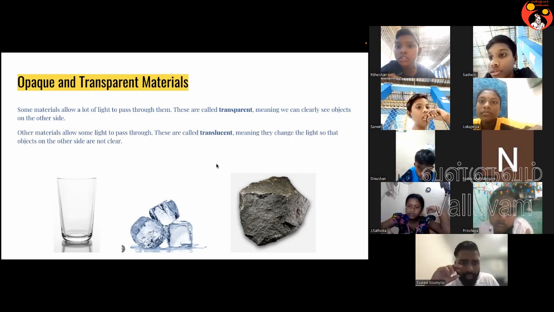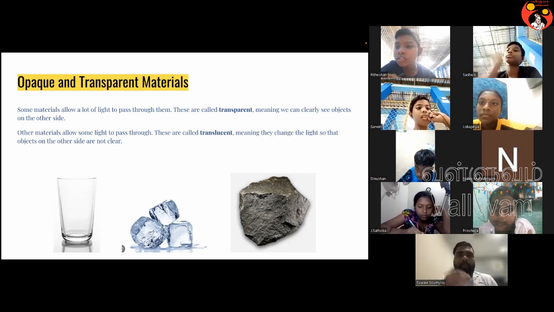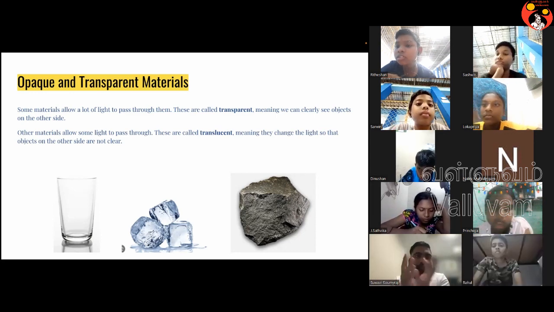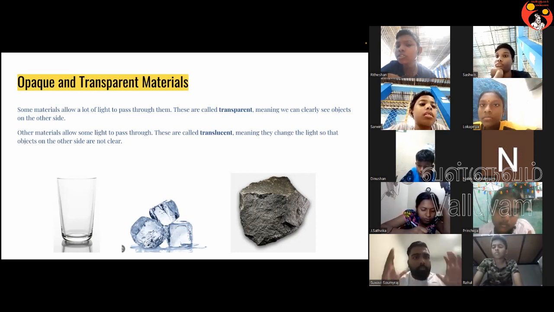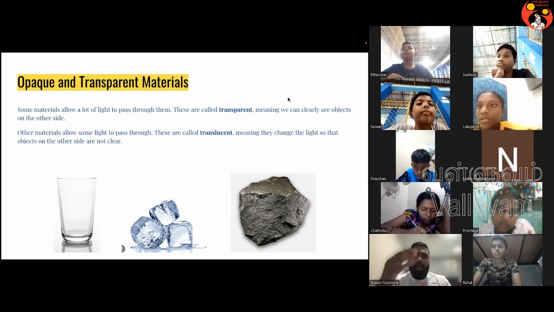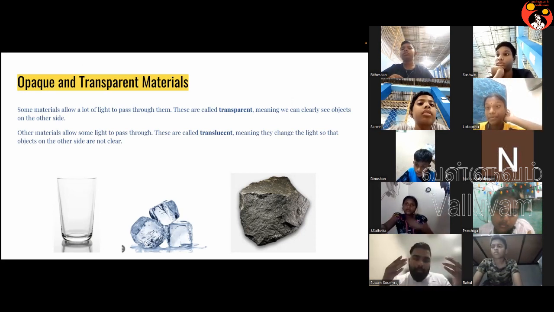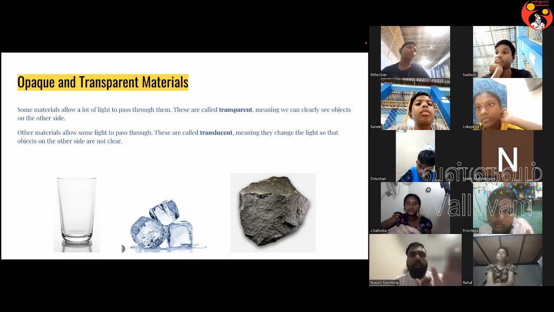So it only allows partial light to pass through, changing the way we see objects on the other side because the light becomes distorted, which then changes the image. So if the ice is not fully clear, but you have a big slab of ice in front of you trying to see something on the other side, you'll notice the object is a little bit distorted because the ice is not fully clear, which changes the way the light is passed through.